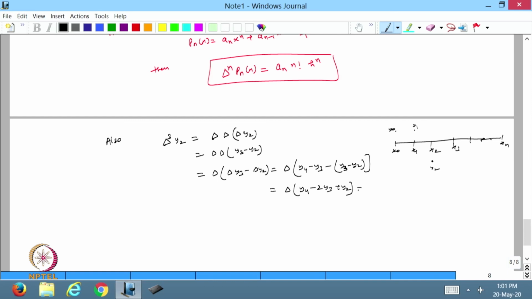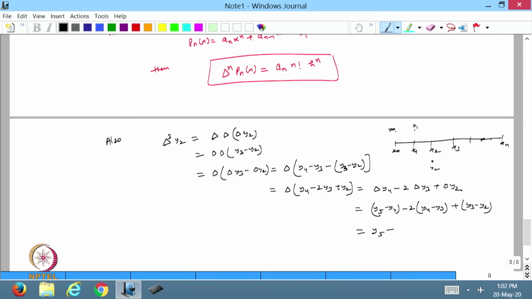And this one again I apply the forward operator on y4, y3, y2. So, this is y5 minus y4 minus 2 times y4 minus y3 plus y3 minus y2.